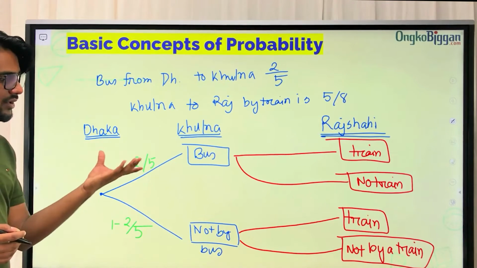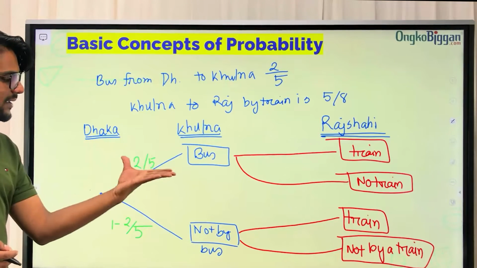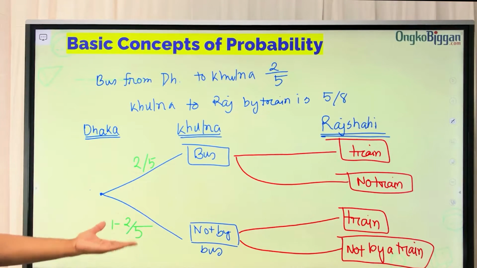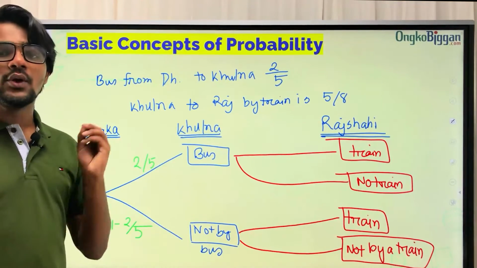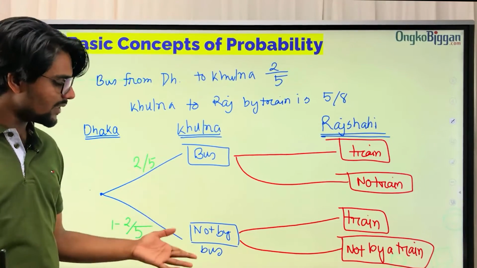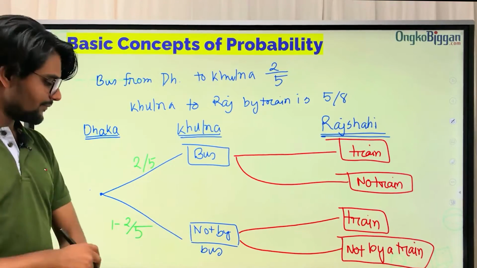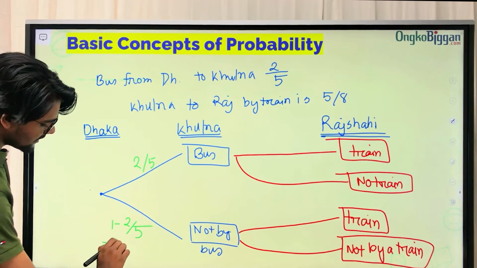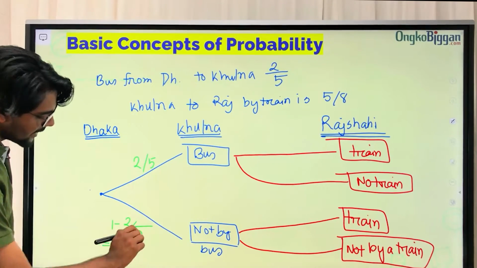And when we have the probability of him going to Khulna by bus, that is 2/5, if we subtract the value of 2/5 from 1, we will get the probability of him going to Khulna not by bus. So this is called complementary probability, according to my definition, I guess. So it will be 3/5.